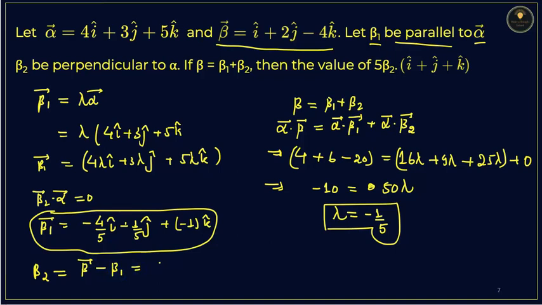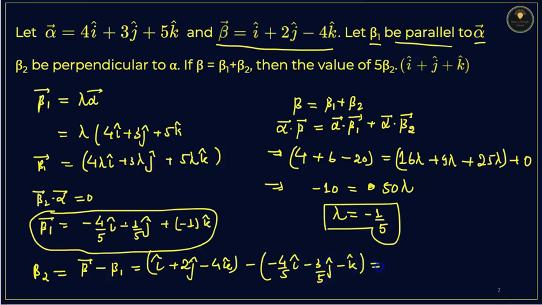So beta vector is given as i cap plus 2 j cap minus 4 k cap, and then you have to take the negative of minus 4 by 5 i cap minus 3 by 5 j cap minus k cap.